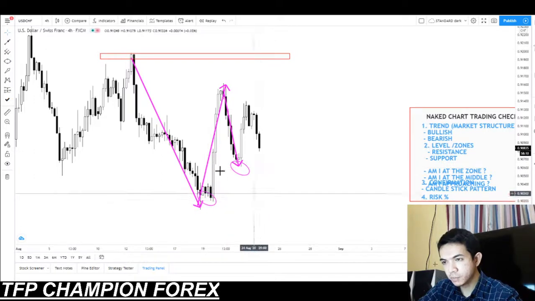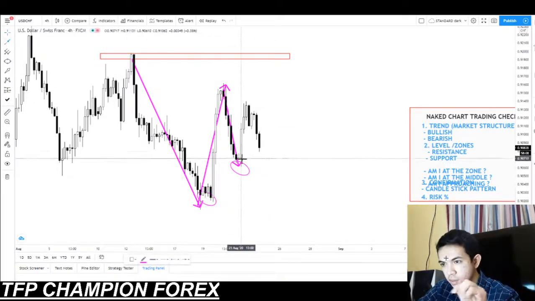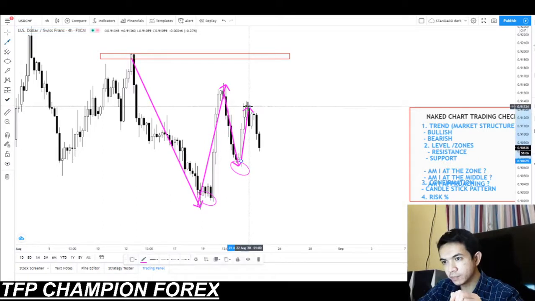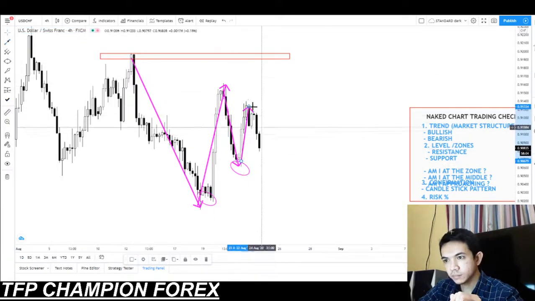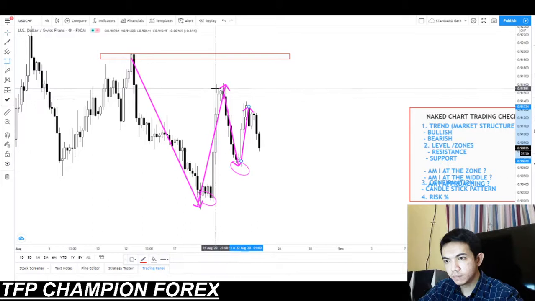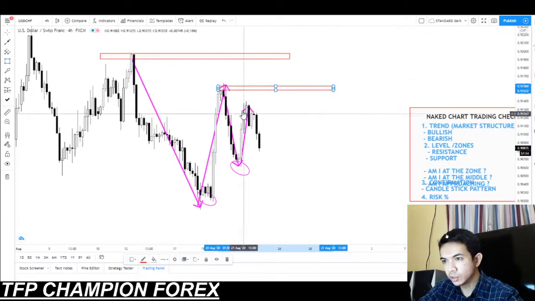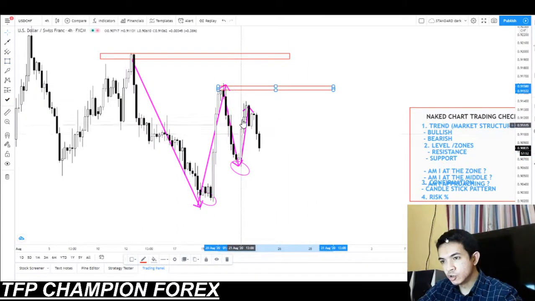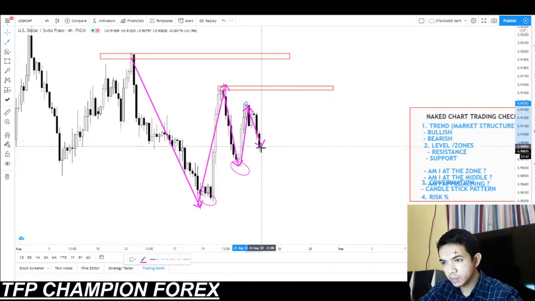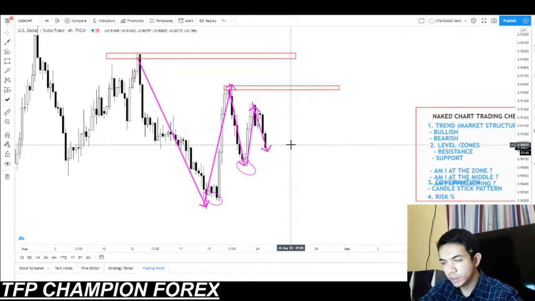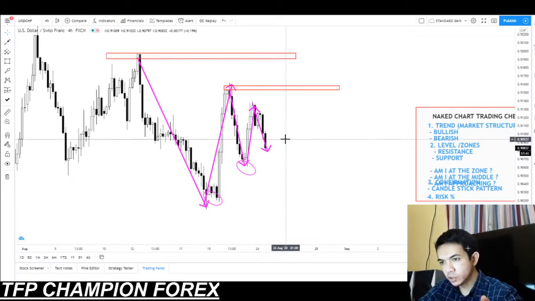All right. Then what's next? The price moved again, a lower high, a level lower than your previous high. So after that, the price currently is moving downwards. So what do we expect?